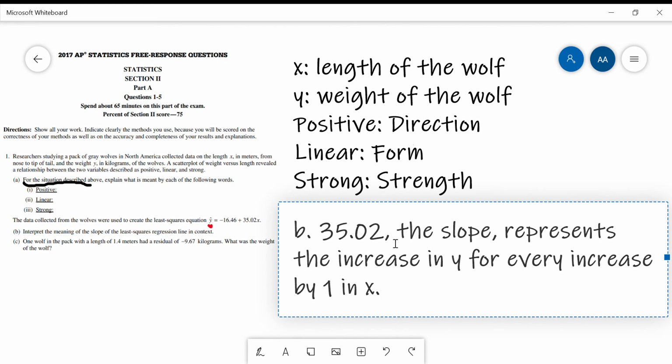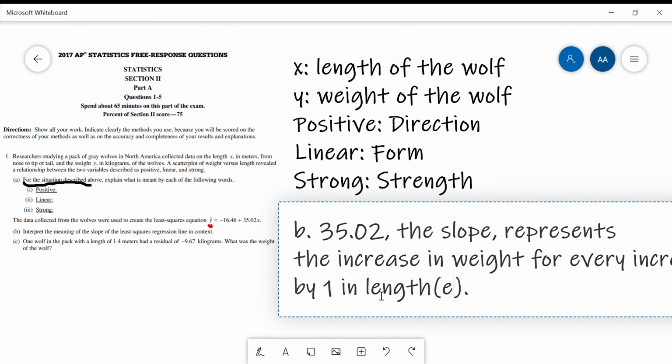That's the prediction, that's what the slope means in this case. Now y and x are out of context. So what does y mean? The weight. So 35.02, sorry, not 30. And you would also want to put length, meters.